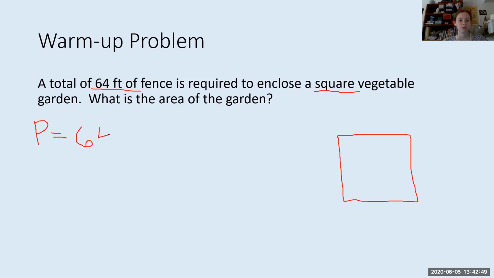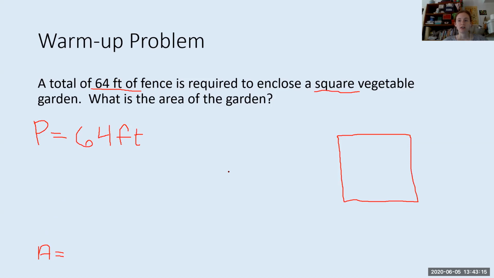So we're told the type of shape and we're told the perimeter. And then ultimately our goal is to figure out what the area is. That's what the question's asking us to do. So ultimately our final answer will be the area of this garden. So we said a square is a four-sided shape with four equal sides.